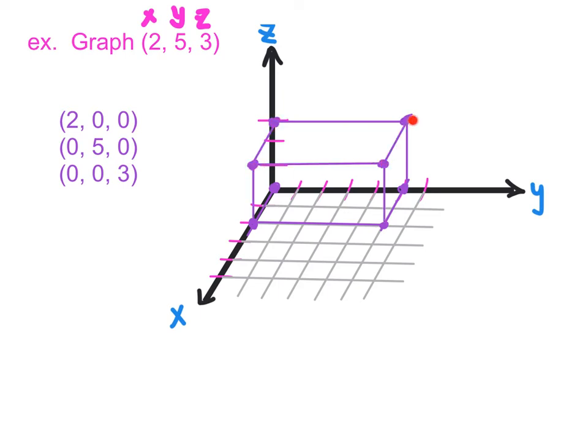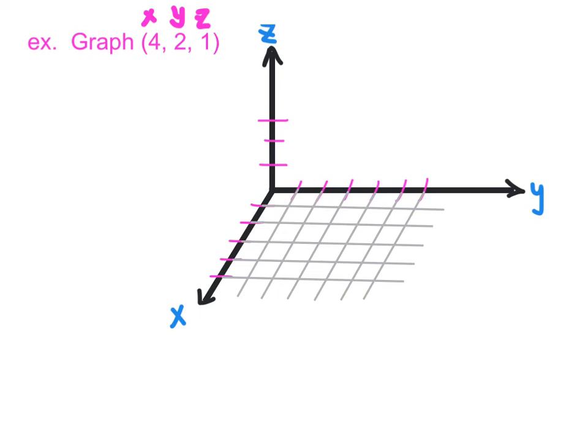Here is my rectangular prism. I started with these 3 points, but remember the whole focus was to get this point. So let's see where that point is. Okay, that is out 2 on the x-axis, over 5 in the y direction, and then up 3. So the point is right there. And the only way to really make that point look 3D is to in fact put it in context of a prism.